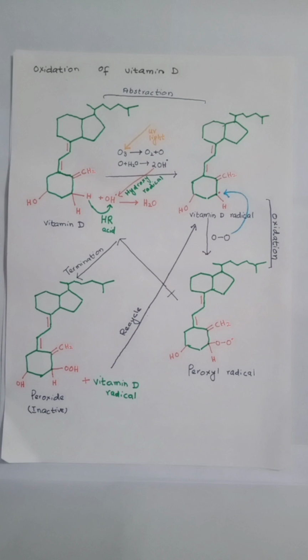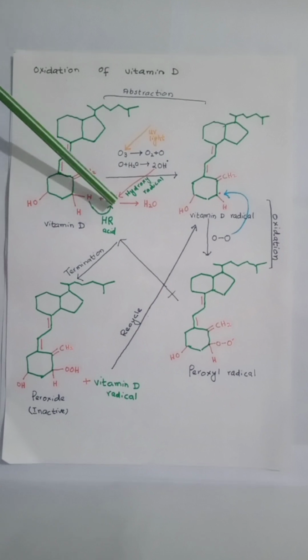Hence, when healthcare professionals are manufacturing vitamin D, they should keep in mind that acidity is much more dangerous for the stability of vitamin D, because acidic pH quickly converts vitamin D into a vitamin D radical due to quick transfer of this proton to the hydroxy radical.